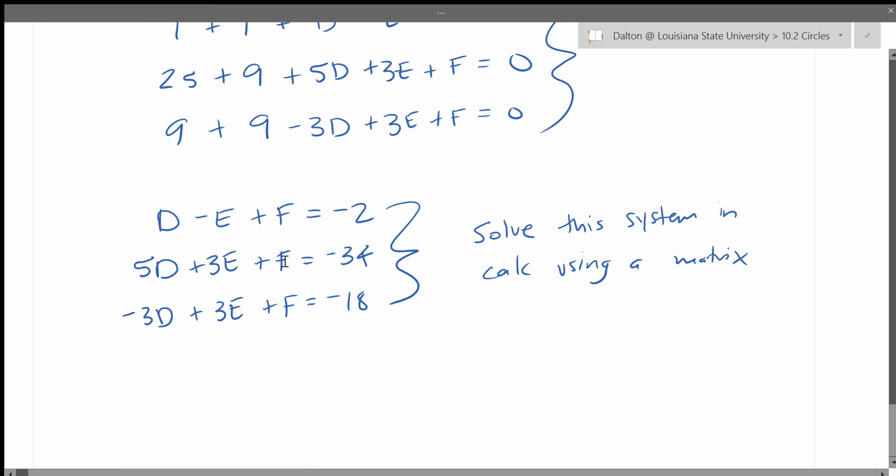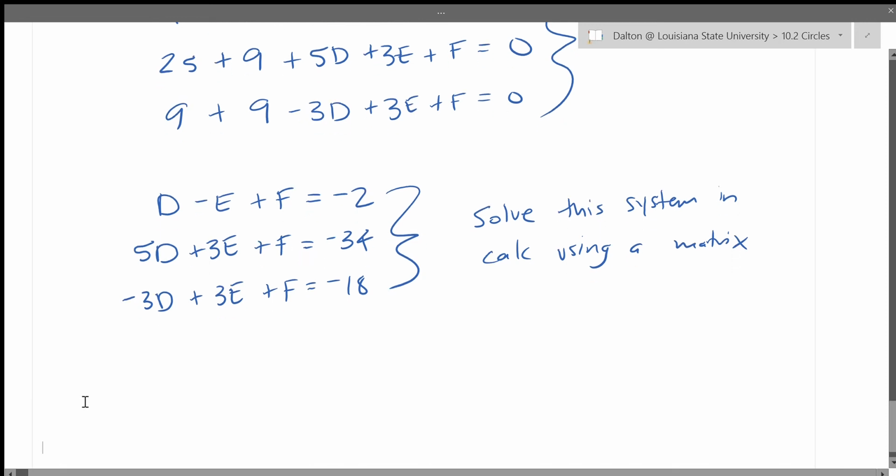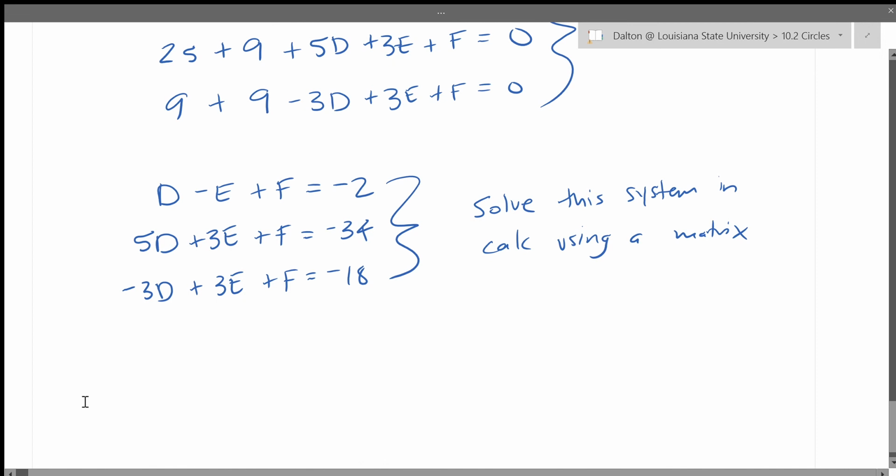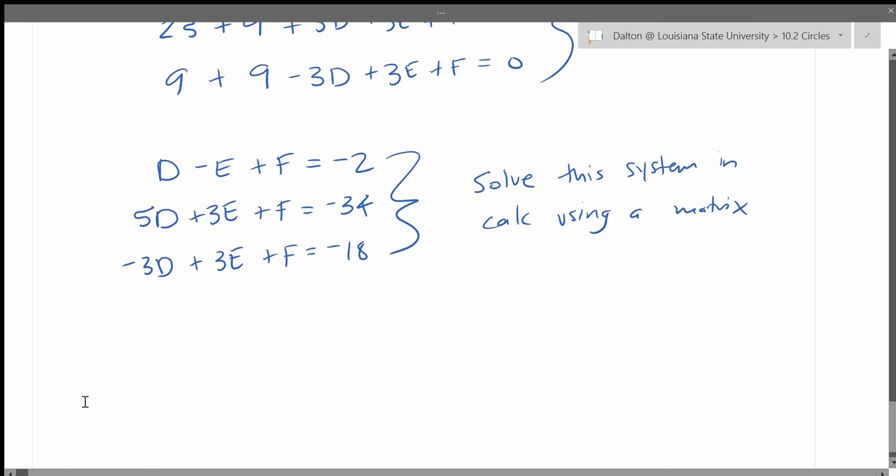And again, I'm going to write down the steps of what you need to do for you to refer back to later. So in your calculator, what you're going to do is hit second matrix. Matrix is on the x inverse button. It looks like x to the negative first power.